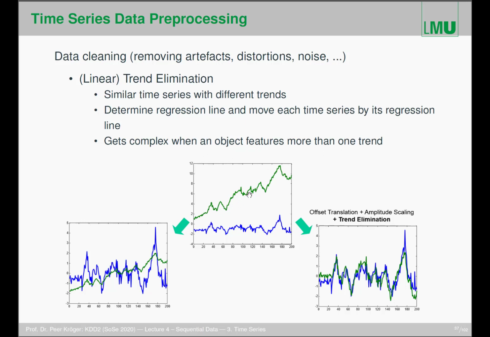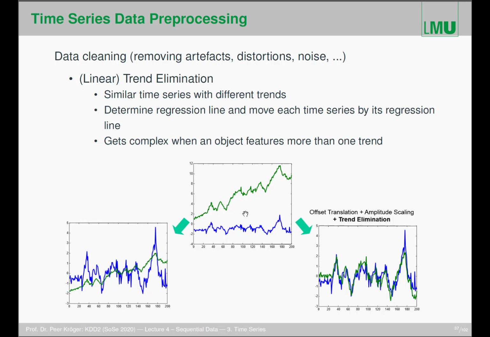If one time series has more than one trend, so this one has one clear trend, and this one has more than one trend like here, then it gets a little bit more complex. But anyway, you can do that, no problem. And you see here that if you do offset translation, amplitude scaling, and trend elimination, those two time series are quite similar.